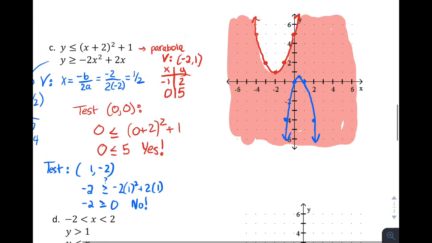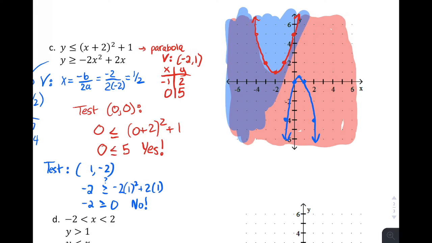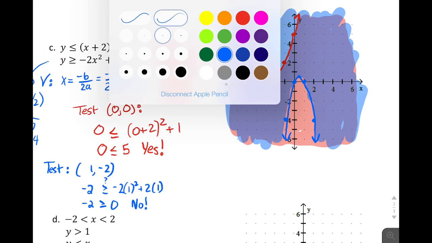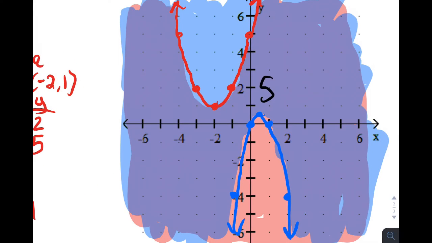So I need, again, all the points that are above and outside that second parabola. So my solution set, when I get all this shaded, that works for both inequalities is the points that are outside of both parabolas, basically. It's the purple part in the middle between the two.